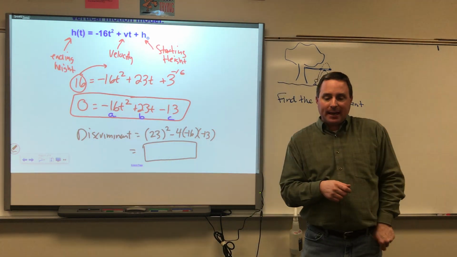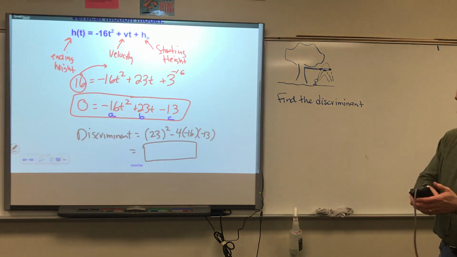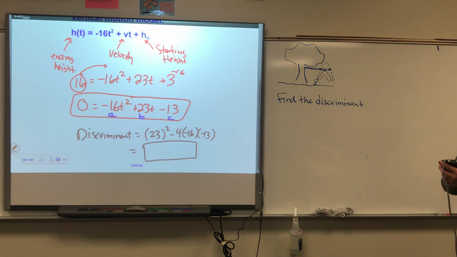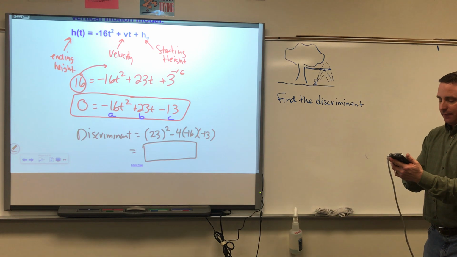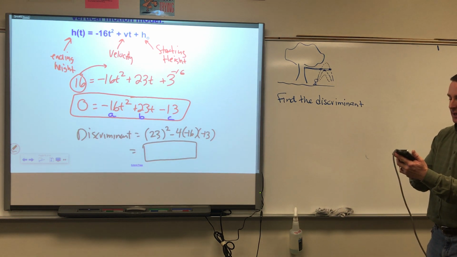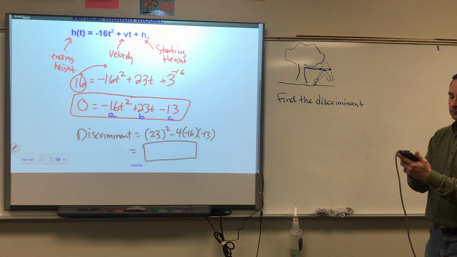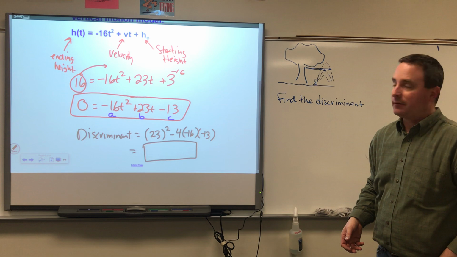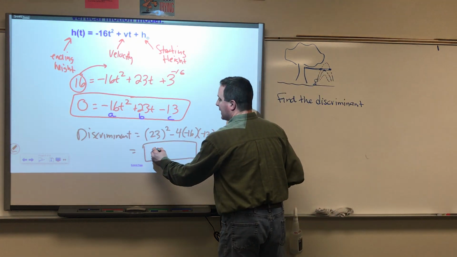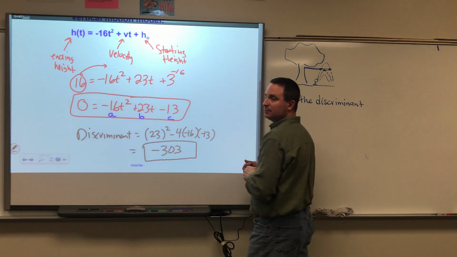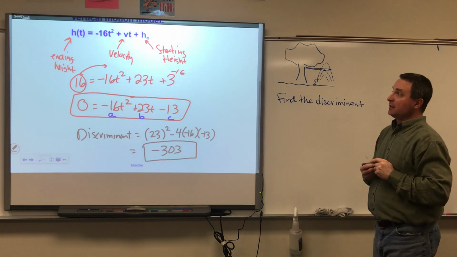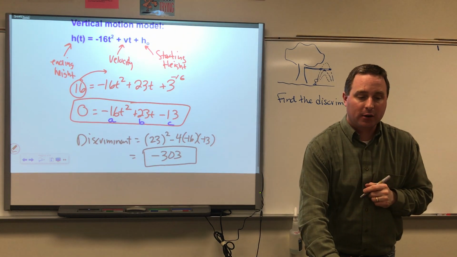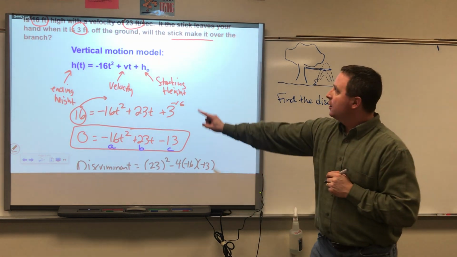If I pick up my calculator here, I'm going to do 23 squared minus 4 times negative 16 times negative 13. And that gives me negative 303.